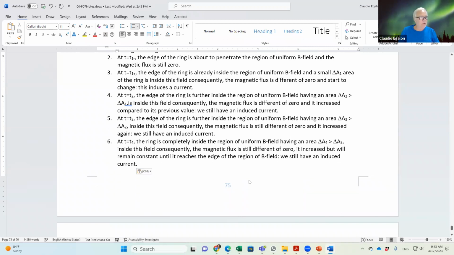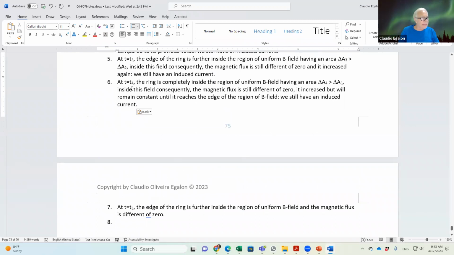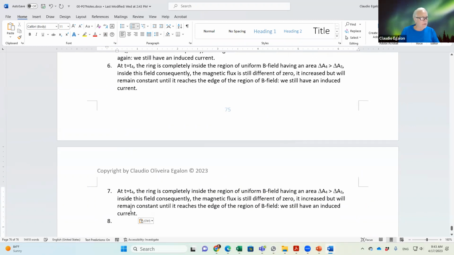We still have an induced current here too, but then at a later time the induced current is decreasing. At this point, past the center of the ring, the induced current starts to decrease.